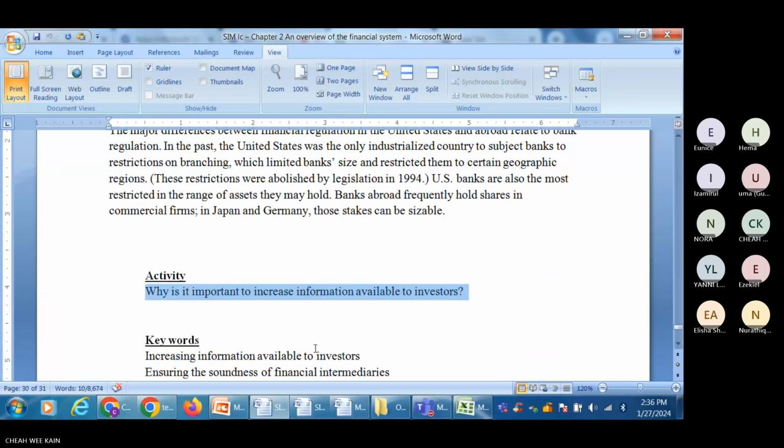Now, if they choose wrongly, they will cause instability in the market. So in order to increase stability in the market, everybody should have the same information. Okay, that's one of the main things. So I think this is not so difficult.